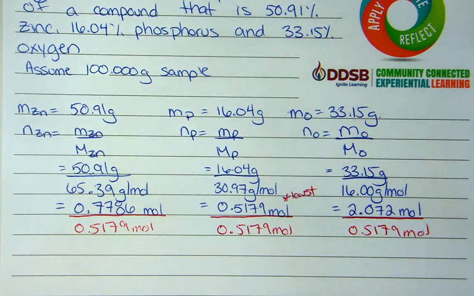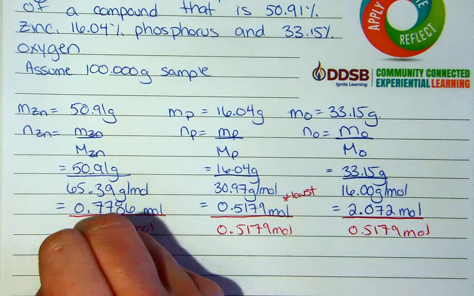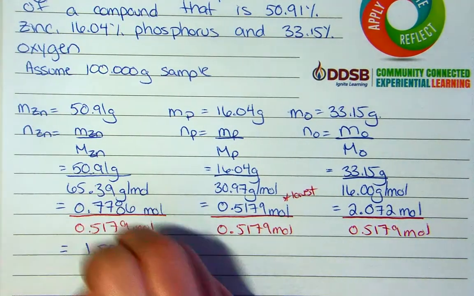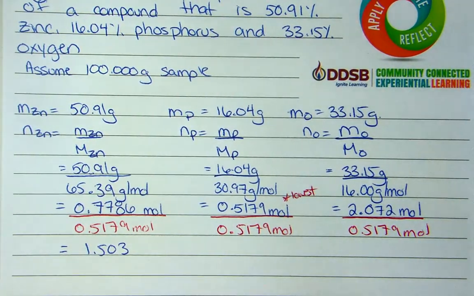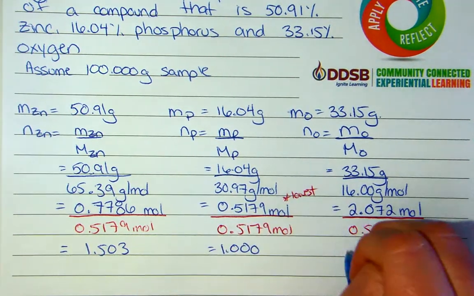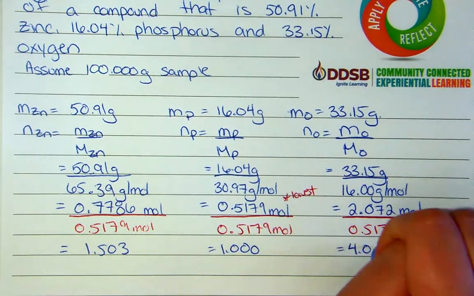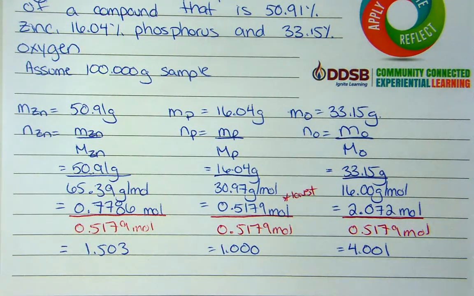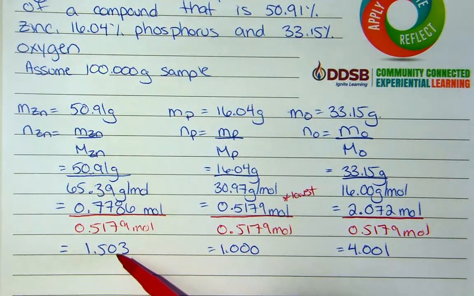And that's going to give us our ratio, okay, of elements in this compound. Here I see that's 1.503. We're going to come back to that one. That's what we get. Right here, 1.503.